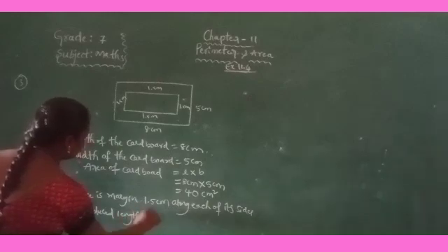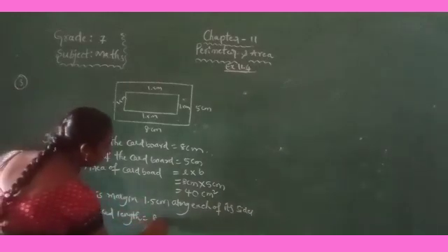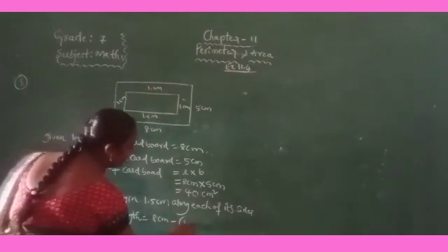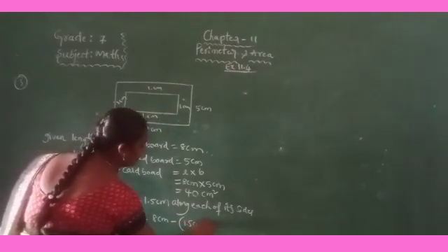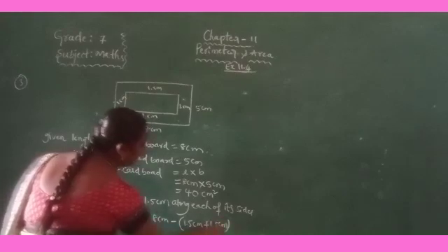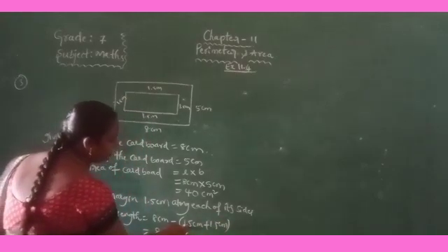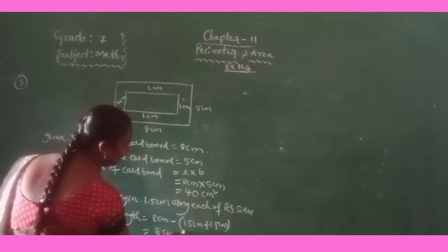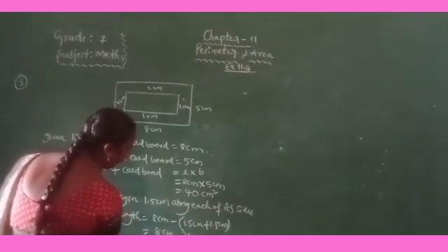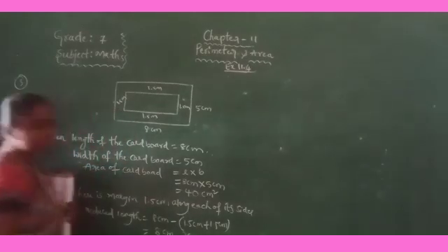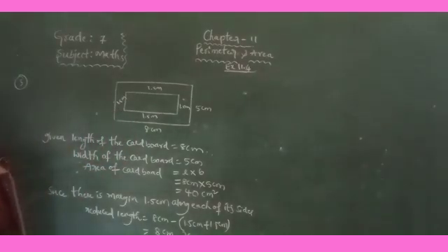The length is actually 8 centimeters, but each side has 1.5. This length we have to reduce. From the total length, 8 centimeters minus 1.5 plus 1.5, that is 3 centimeters, so what is the reduced length here? 5 centimeters. This is the reduced length, 5 centimeters.